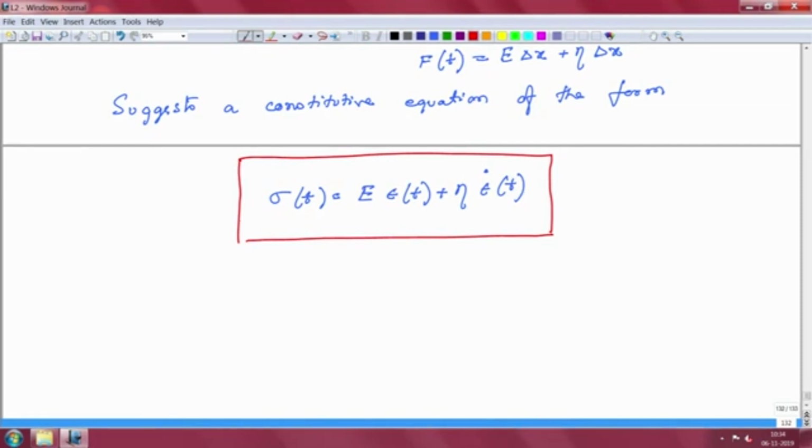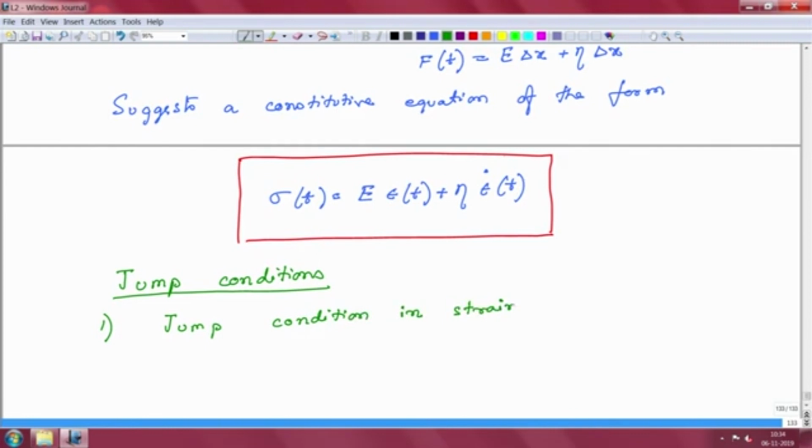Now, just like we had done for the Maxwell system, we are going to look at jump conditions. The first thing we are looking at is the jump condition in strain. I am going to express my strain as some epsilon naught times the Heaviside function.